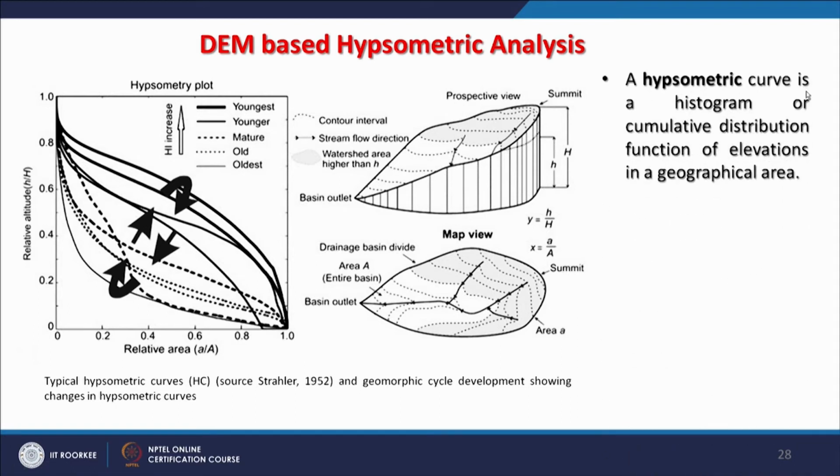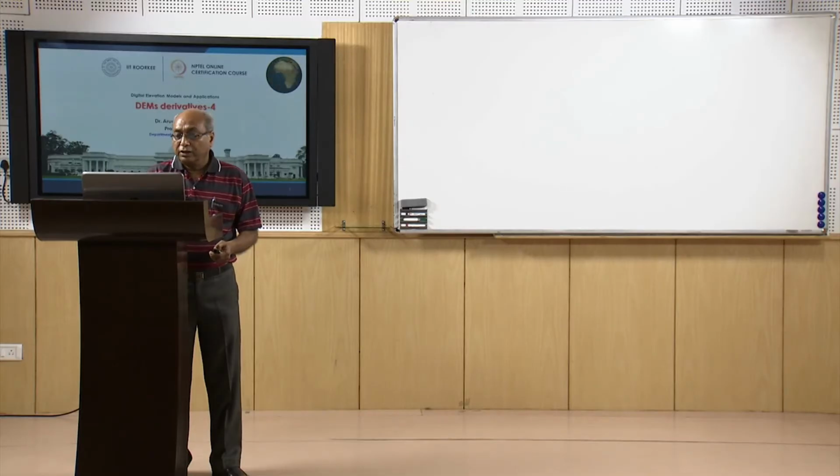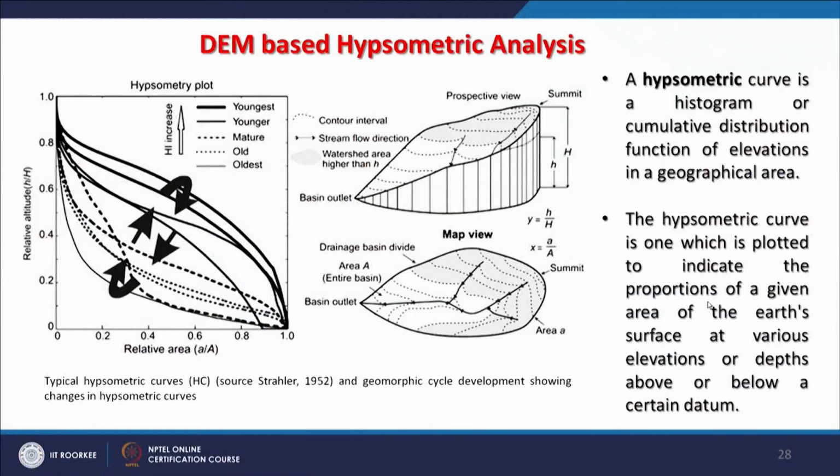A hypsometric curve is a histogram or cumulative distribution function of elevation in a geographic area, as we have seen for the cumulative distribution function of elevations. A hypsometric curve is plotted to indicate the proportions of a given area of Earth's surface at various elevations or depths above or below a certain datum.